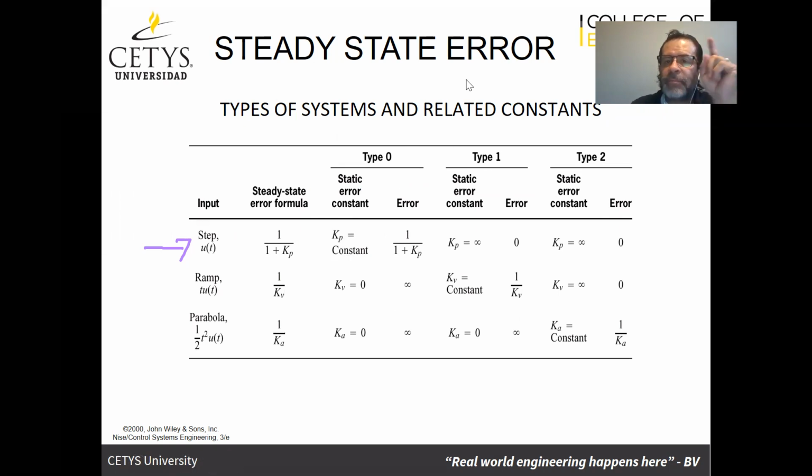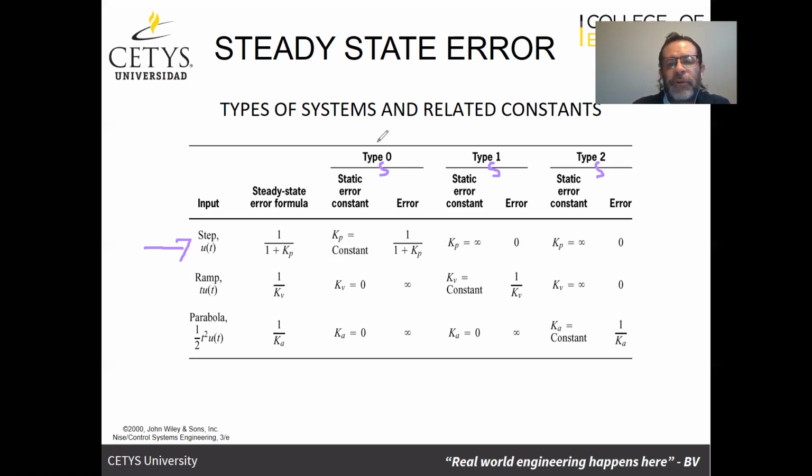The type of the system is going to be defined by the S that's in the denominator. If we have no S in the denominator, that's called a type 0 system because it's equivalent to having S to the 0. If we have one S in the denominator, that's going to be S to the 1. And if we have an S squared in the denominator, that's going to be a type 2 system.